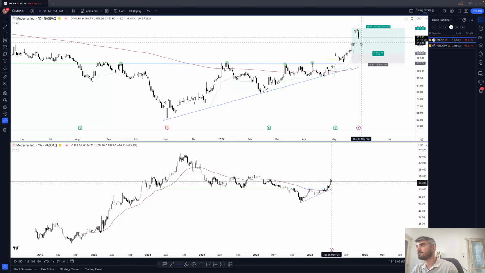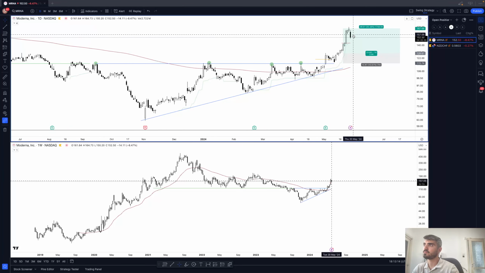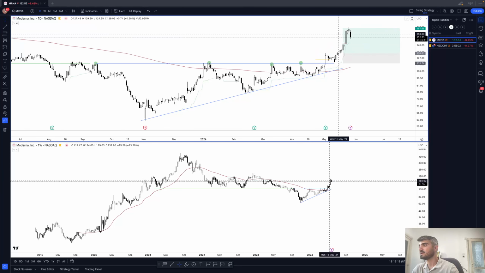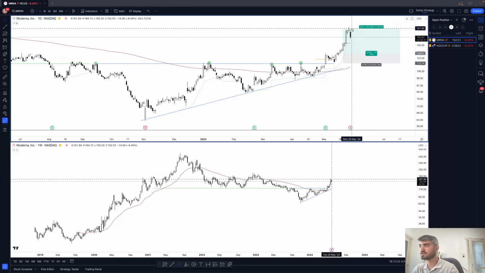I am not surprised that I'm seeing some kind of pullback after this very strong move to the upside. When I do get these kind of strong breakouts, I do not want to close them at the measure target. I want to give price room to move higher.